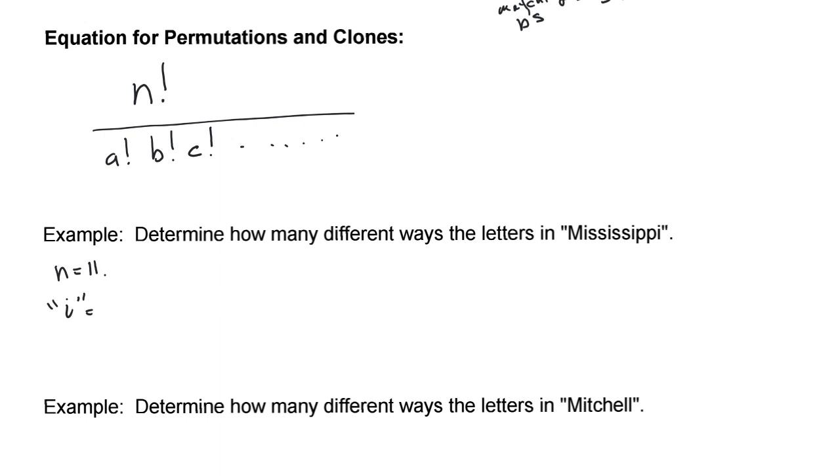There are 4 I's. Then we have how many S's? We have 4 S's. Okay. So we have 4 I's, 4 S's, and there are 2 P's.